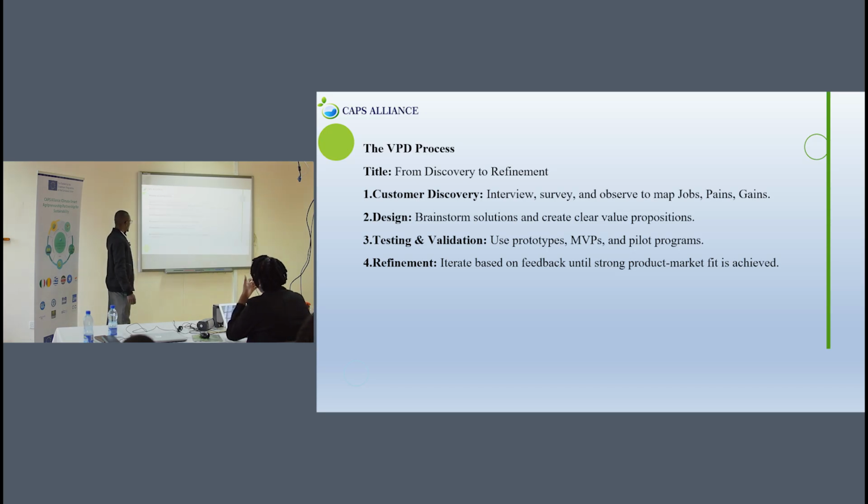So then we have refinement. Refinement iterates based on feedback. So feedback is very crucial as you'll be doing these things. Your customers and feedback are two crucial things that you cannot run from.